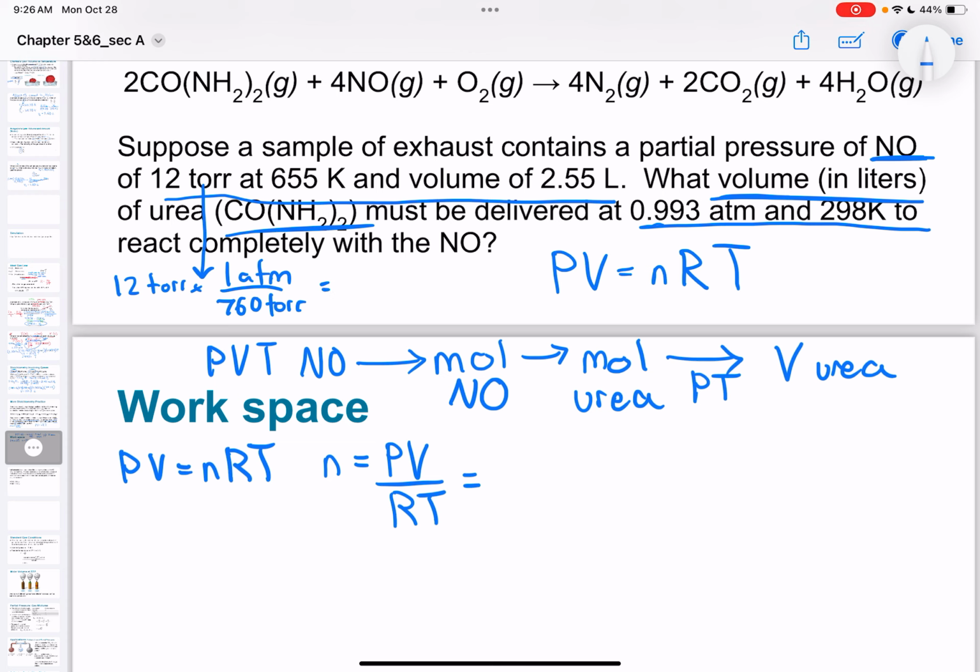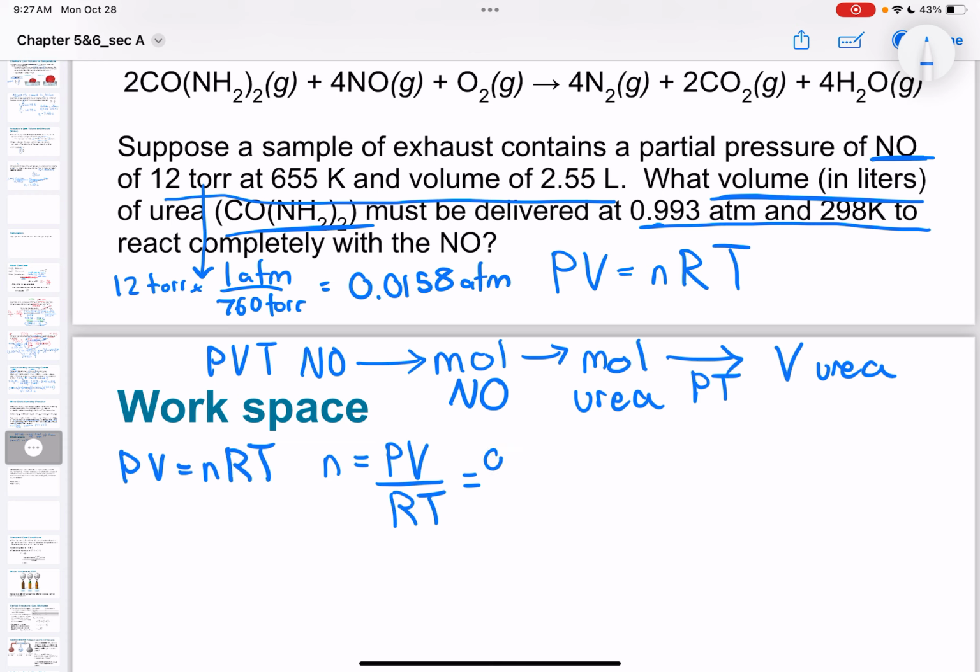Okay, so let me just do that real quick. So this is 0.0158 atmospheres. And my temperature's already in Kelvin, my volume's already in liters, so I should be good to go.